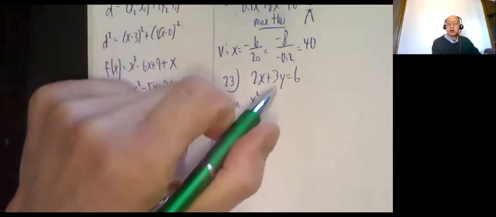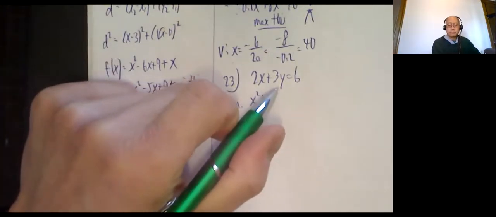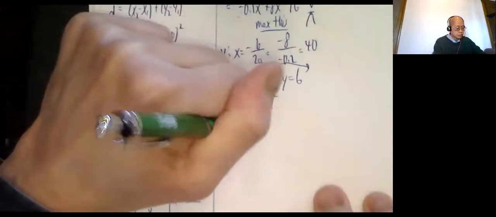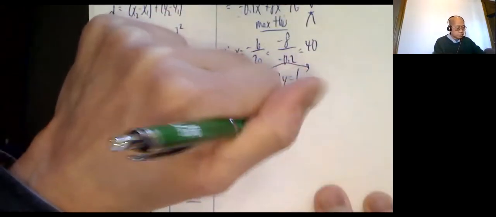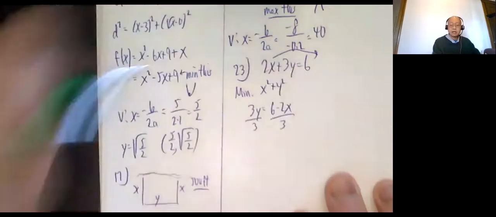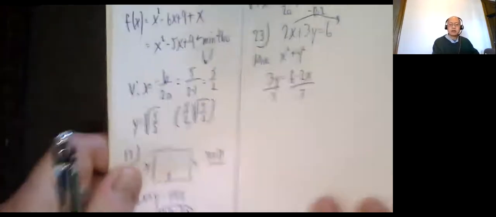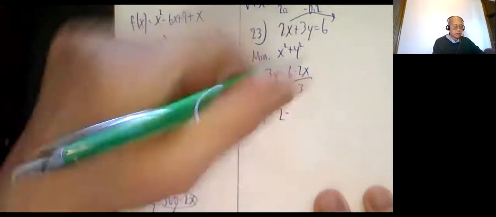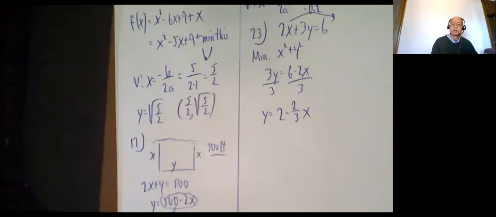Okay, so let's first solve for y. Move that over. 3y equals 6 minus 2x. Divide by 3. y equals 6 divided by 3 is 2 minus 2/3 x.